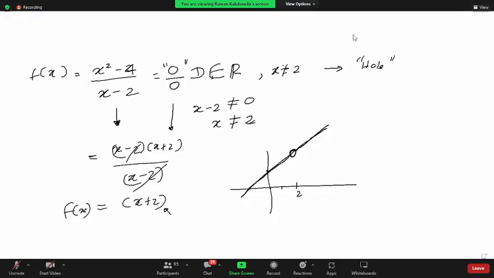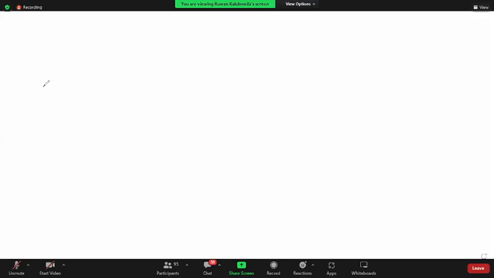Let's take another example in a different way. Let's take another function. Let's change the letter. Let's take g(x).